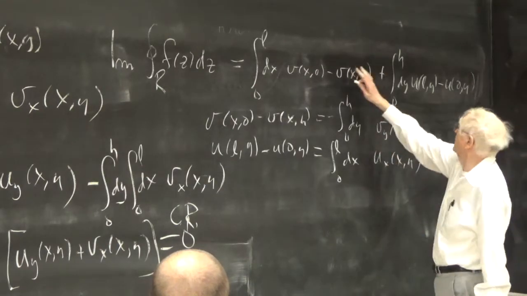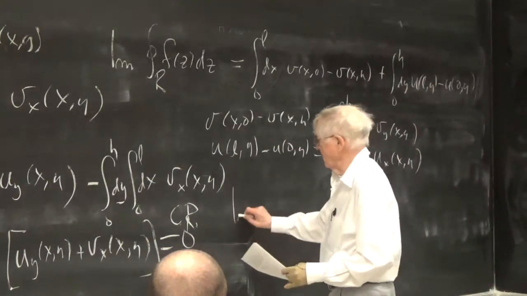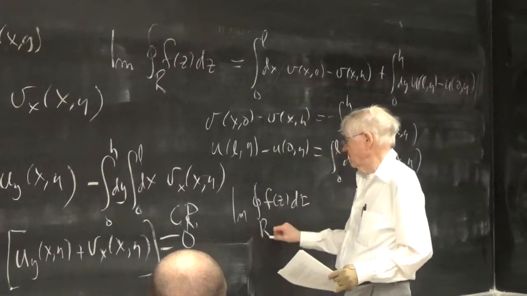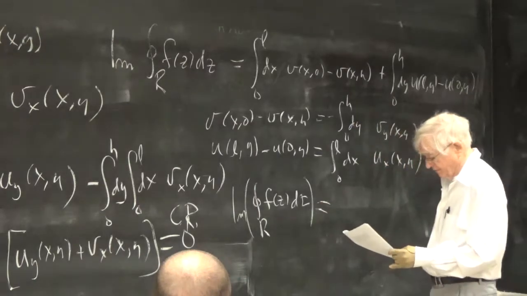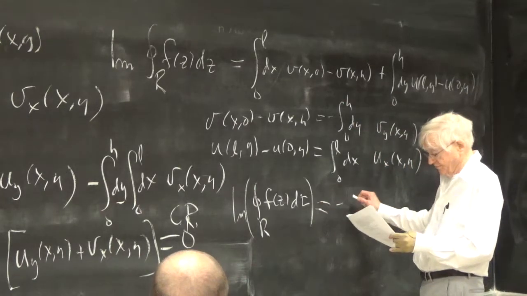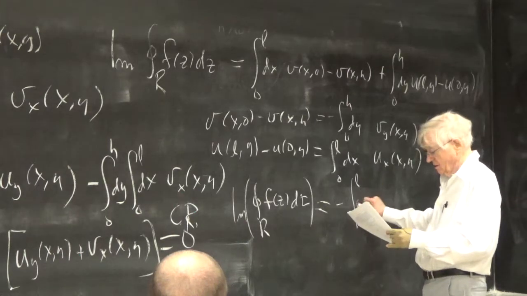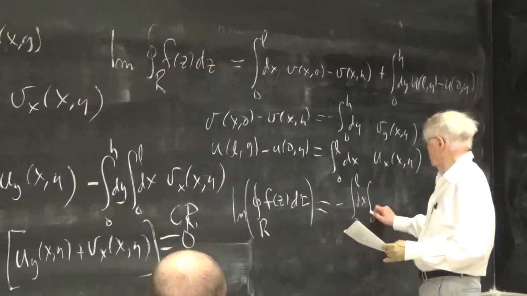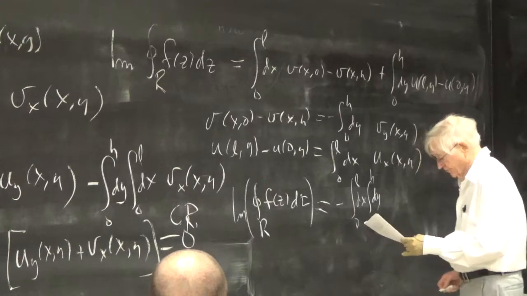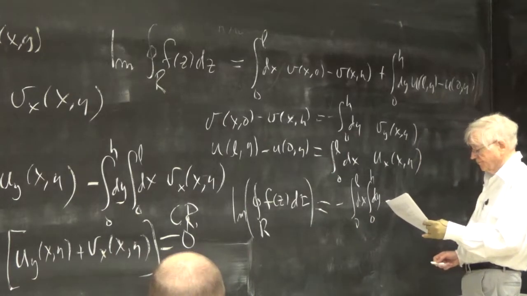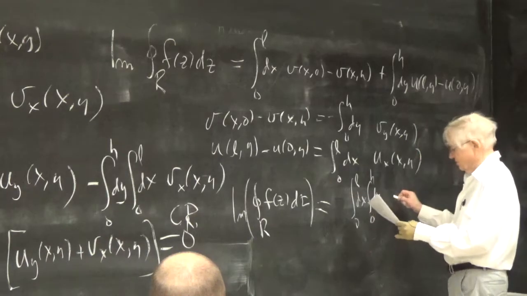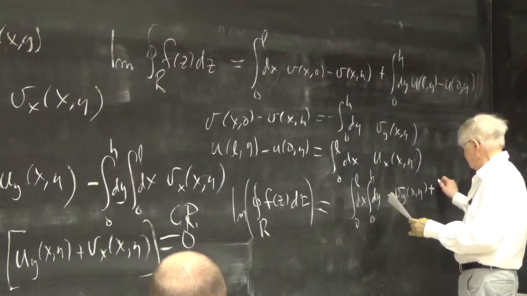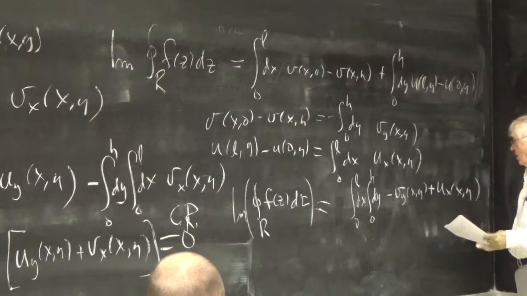So putting these two in here, what we get is the imaginary part of the integral of f of z dz over the rectangle is minus the integral 0 to L dx, integral 0 to h dy, and in fact, if I do these together, it's minus v sub y of x and y plus u sub x of x and y.